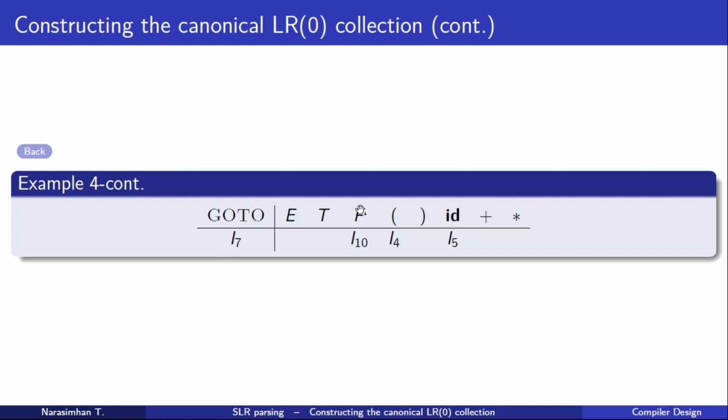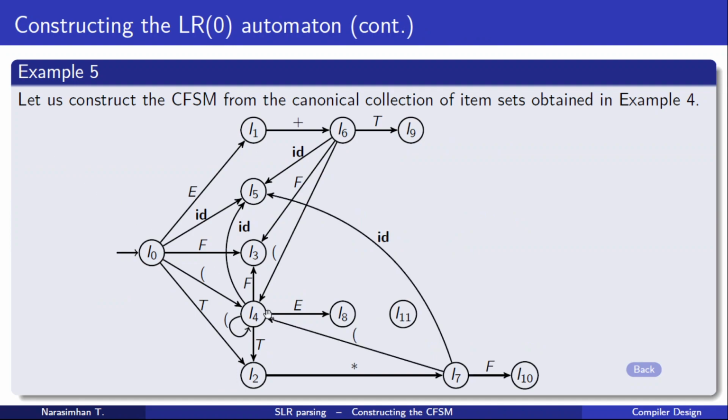Now for I7. I7 on F takes you to I10, on ID you move to I5, on left parenthesis you move to I4. Now I8.